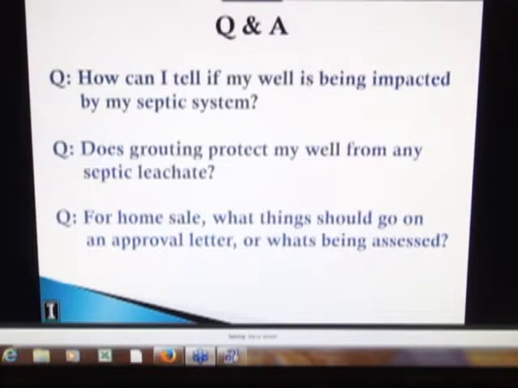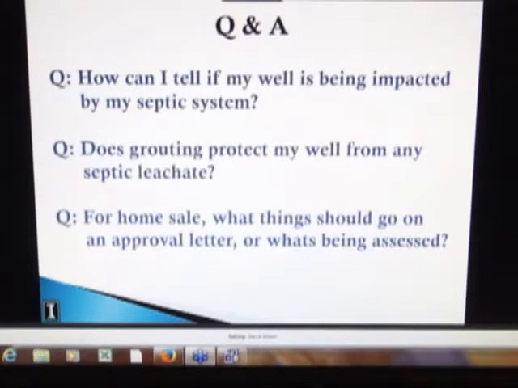And as far as grouting to protect my well from any septic leachate, I mentioned earlier about grouting. Certainly grouting is a best practice for your well, and in many states it's required for any well construction today. But if it was liquid grout, you can't necessarily be assured. I didn't mention the outcome of that study in Nebraska.